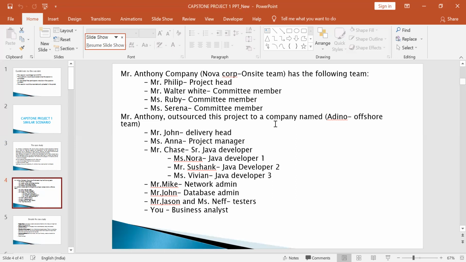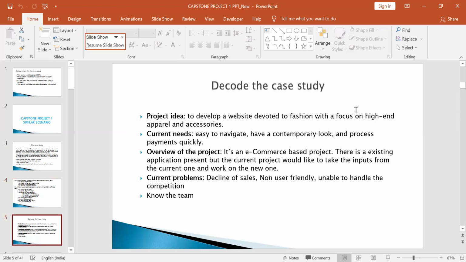And next, whenever you are getting a project in the organization, you have to decode the case study. Like, you have to decode the project. For this project, we decoded the project idea. For every project, every case study, you'll get an idea to develop.